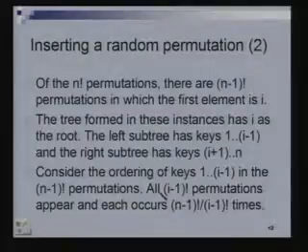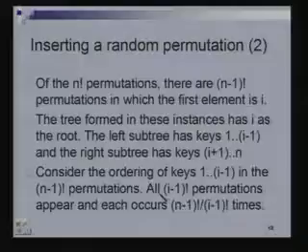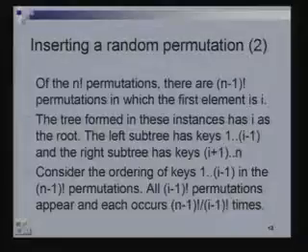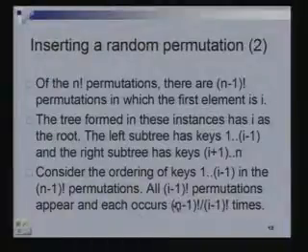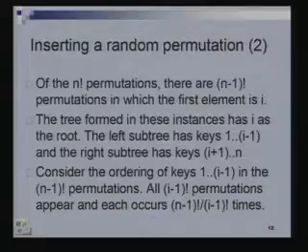There are n minus 1 factorial permutations in all, and there are i minus 1 factorial permutations of these elements 1 through i minus 1, and there is no reason why one of those permutations should be more likely than the other. They will all occur the same number of times, it is symmetric after all. So, each permutation of these elements is occurring exactly so many times.